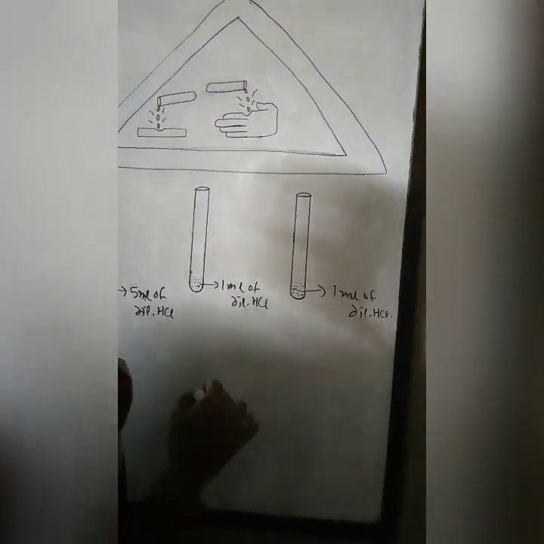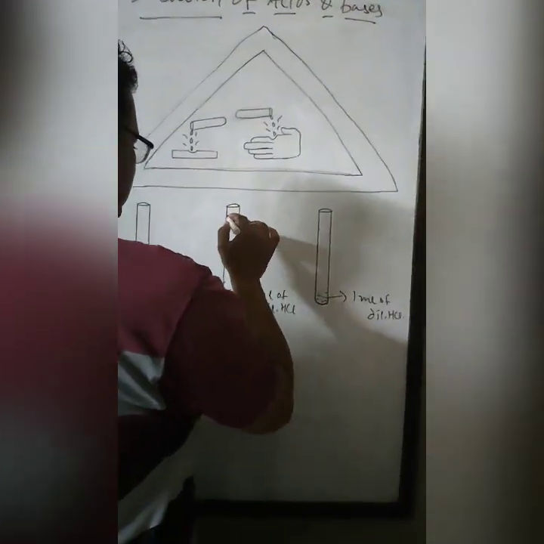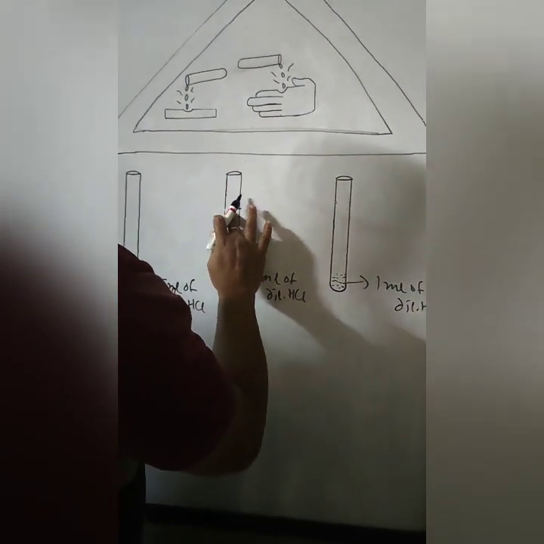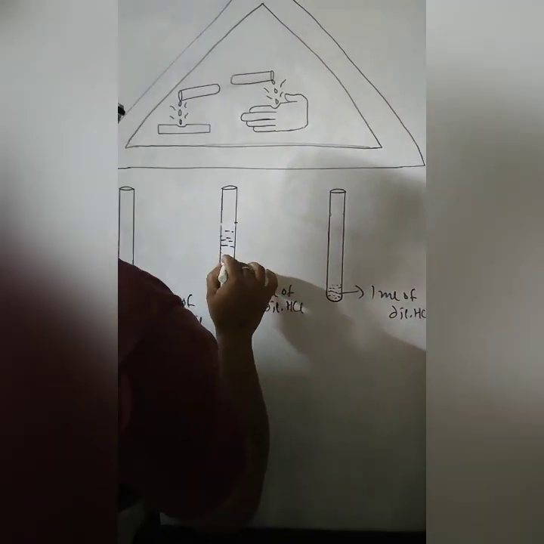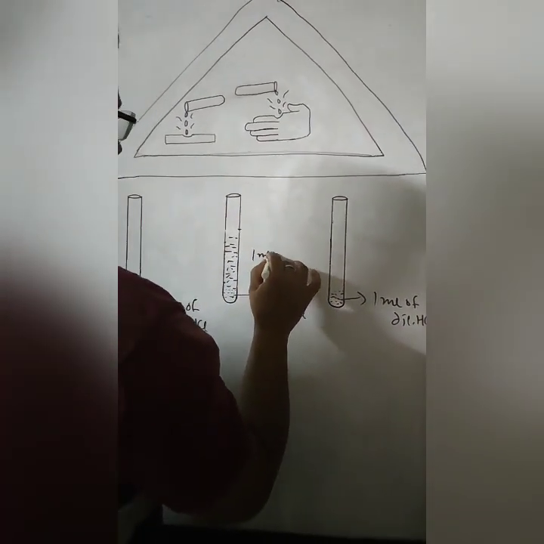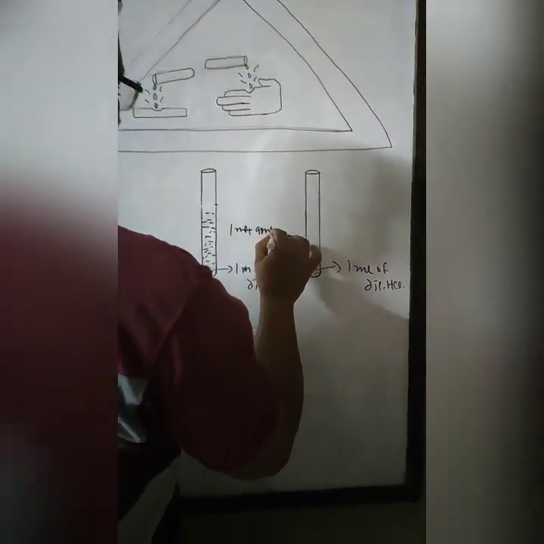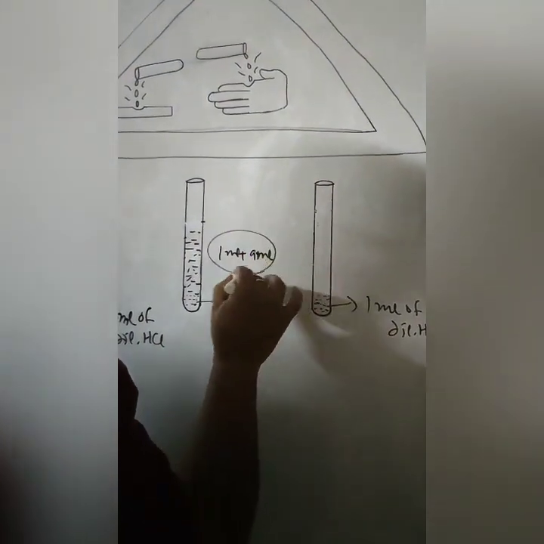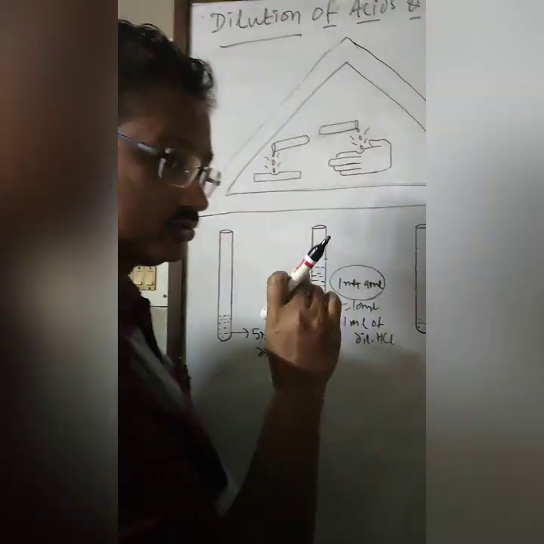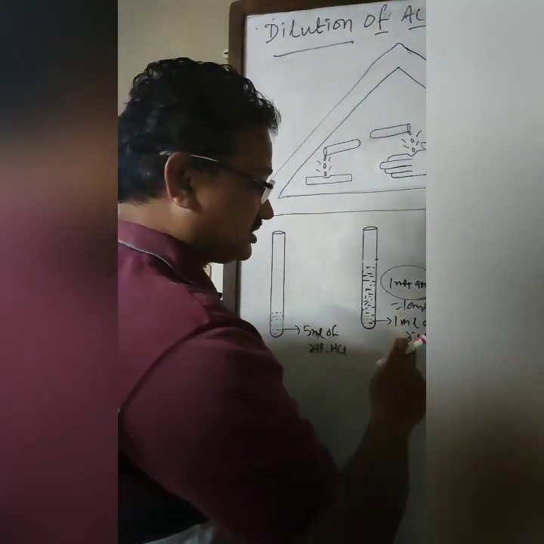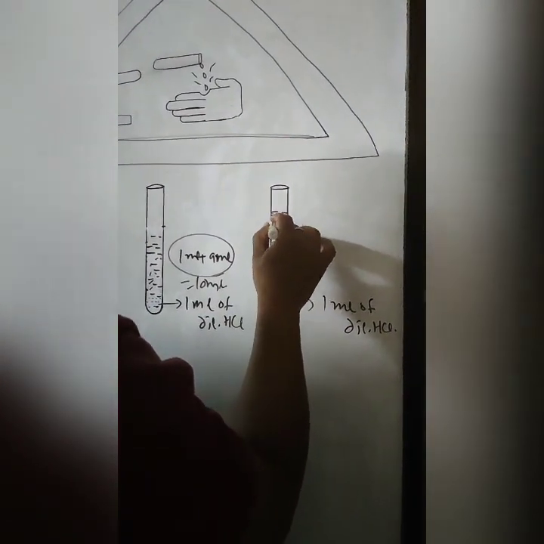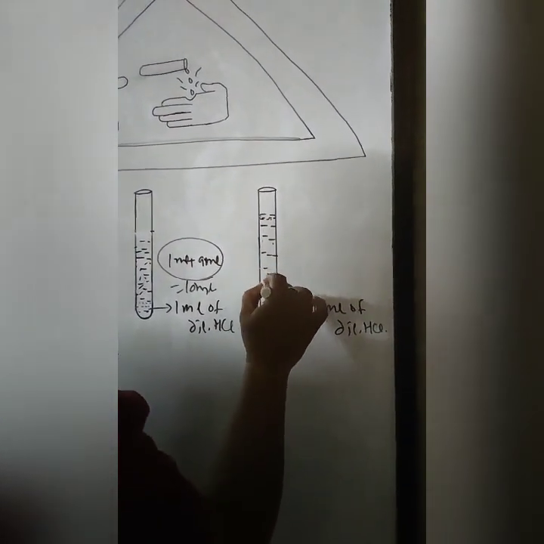Now to this I have added about 9 milliliters of water. So the total contents become 1 ml plus 9 ml, so the total quantity becomes 10 ml. In this 1 ml also water content is there, because I told you this is dilute HCl. Now here I am adding about 15 milliliters of water.